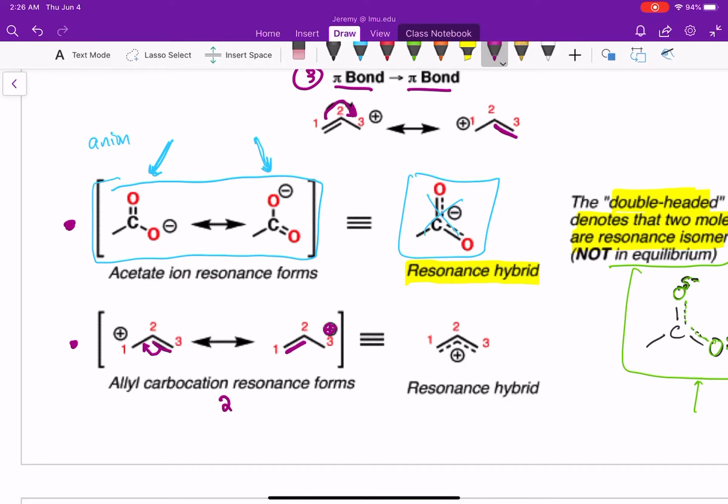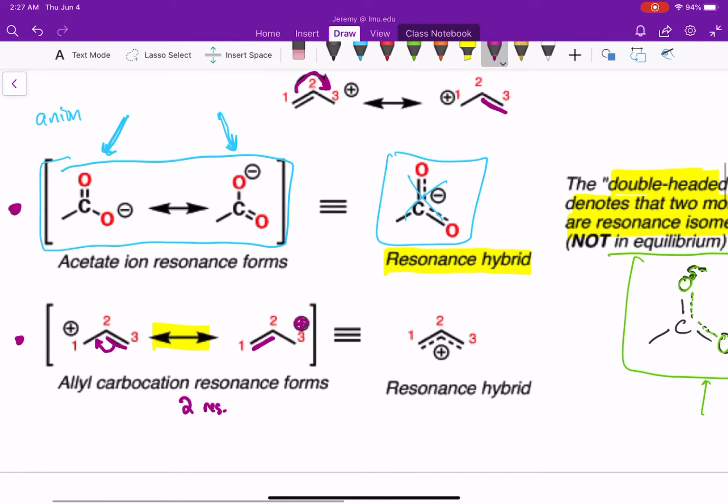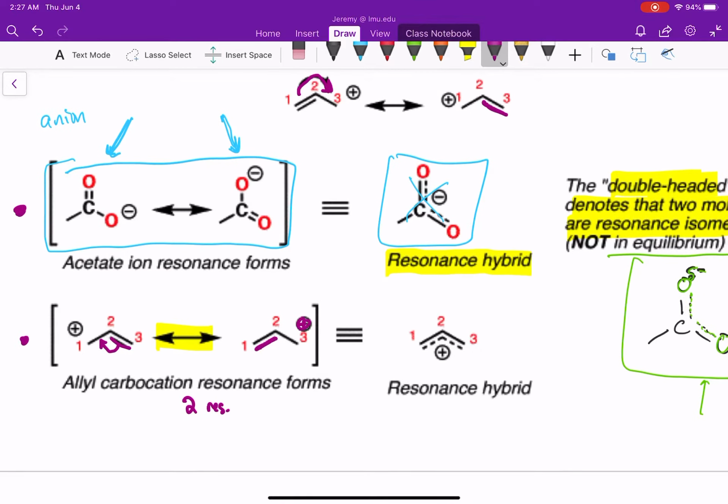So again, we have two resonance structures here. We use our double-sided arrow to indicate that. And then again, we can draw our resonance hybrid here, right, where 1 and 2 sometimes has a double bond, 2 and 3 sometimes has a double bond, and then we can draw our plus, right?